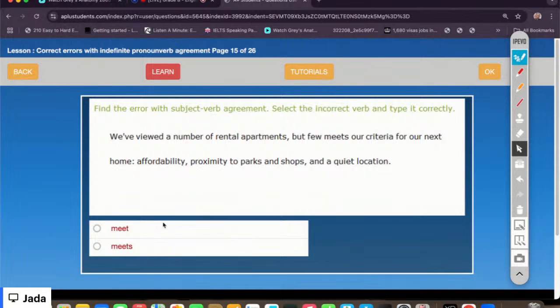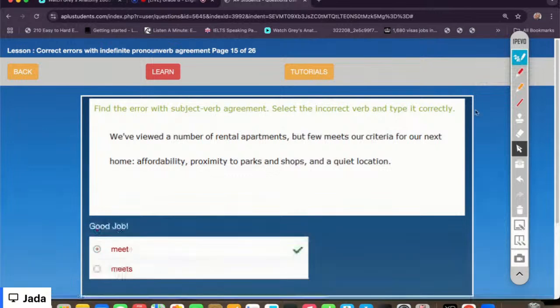Okay, so few represents the plural. So we have what?